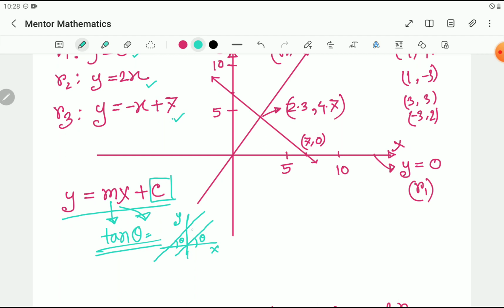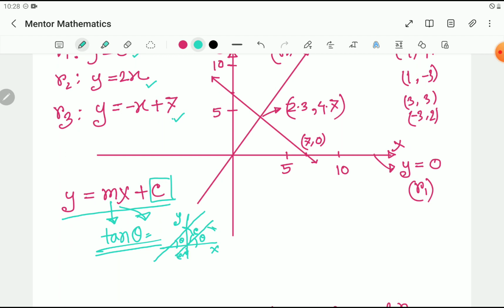And this c actually represents the intercept with the y-axis. It represents the distance between the zero point and the intersection point. So this is called c.